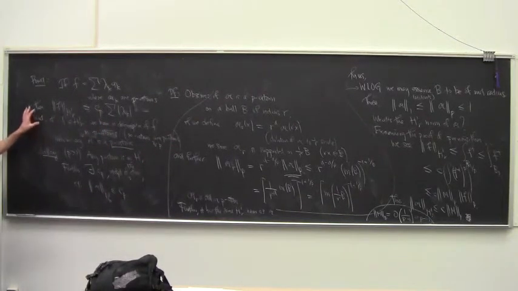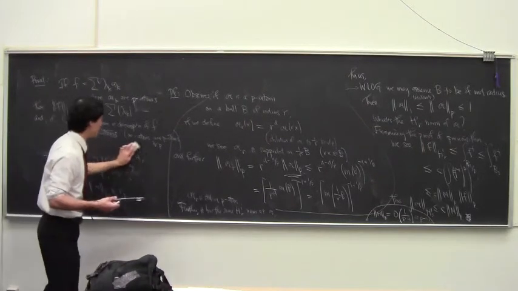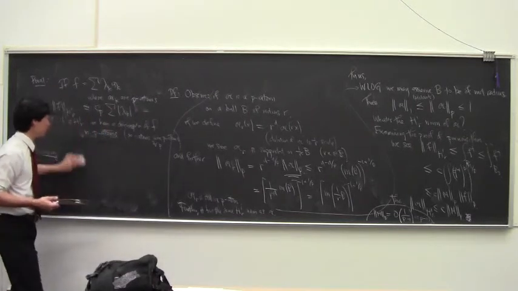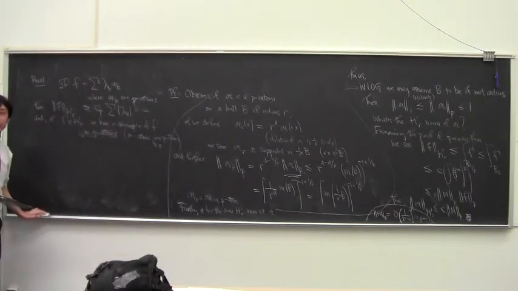Okay. So what this basically says is that we could have defined H1 in terms of p atoms, and we would still get the same norms. We would get equivalent norms. Okay, so there's nothing particularly special about using infinity atoms, and sometimes it makes more sense to use p atoms for a particular p.